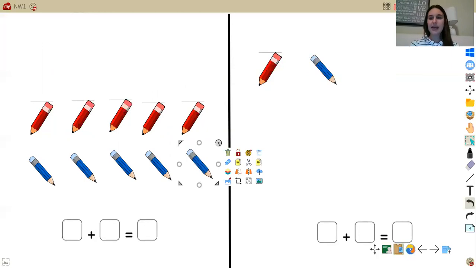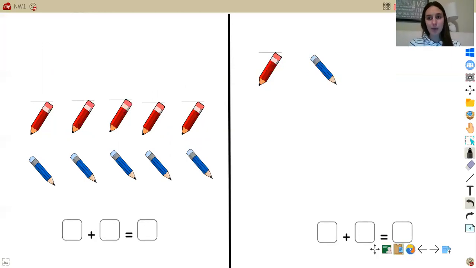Okay. And just like what we did for Malayla's problem, we are going to label our red and our blue pencils. So starting with the red pencils, I'm going to start at the number 1.